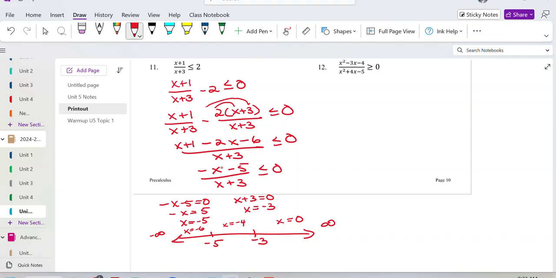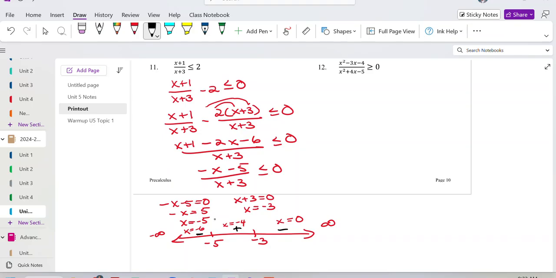So when I put in negative 6, the opposite of negative 6 is 6 minus 5, so it's positive. But then the bottom's negative, so that means it's going to be a negative value. Negative 4, 4 minus 5 is negative over negative, which is positive. And then 0 would give you a negative.